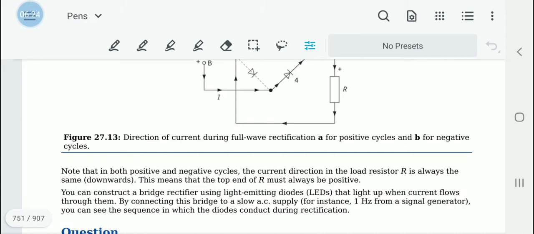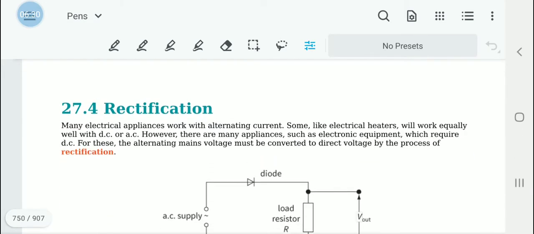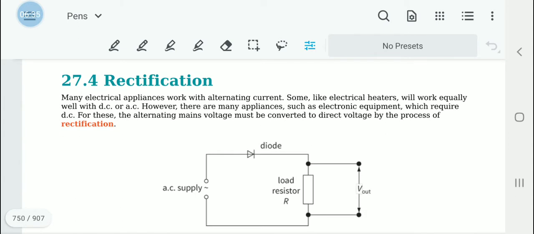Write down a note. Rectification. Using diodes, AC current can be converted to DC so that some electrical appliances can be worked.